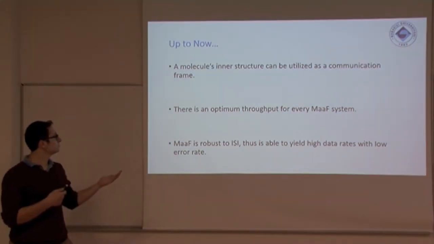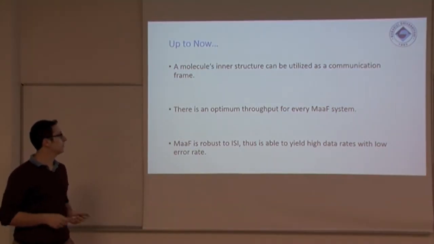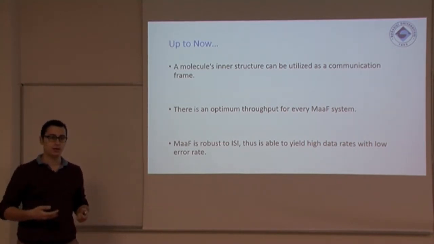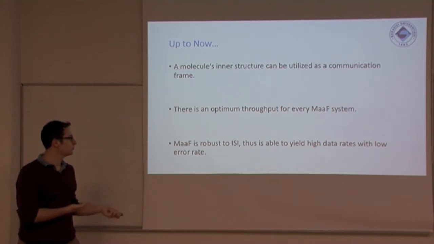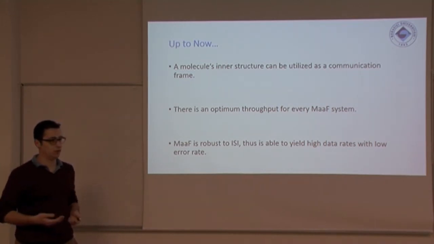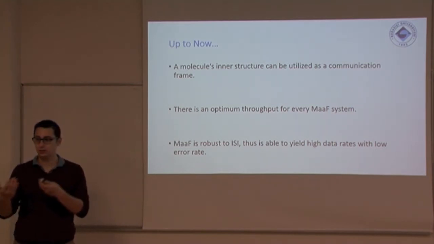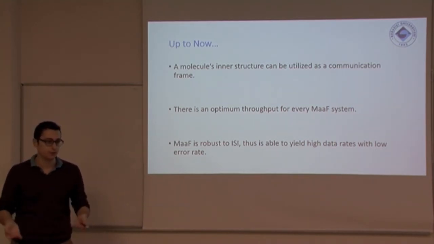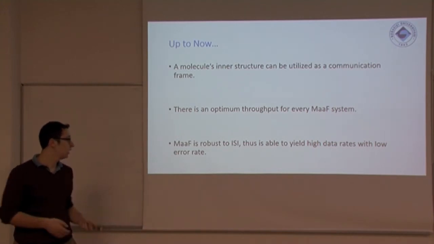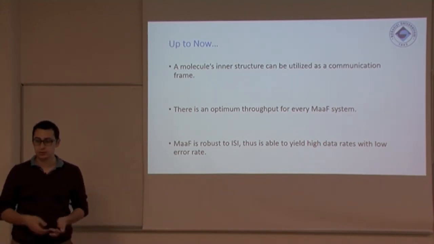So up to now, we have discussed the possibility of encoding information as a frame inside the molecule's inner structure. By doing so, we have seen that there's an optimum throughput between BF, the frame identifier bits, and BI, the information bits, for every molecule as a frame system.